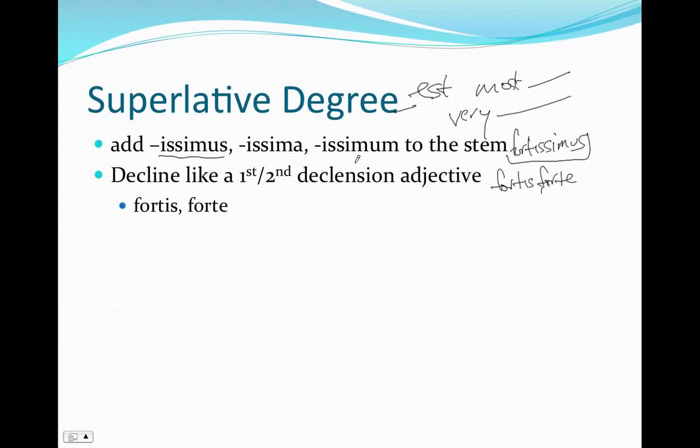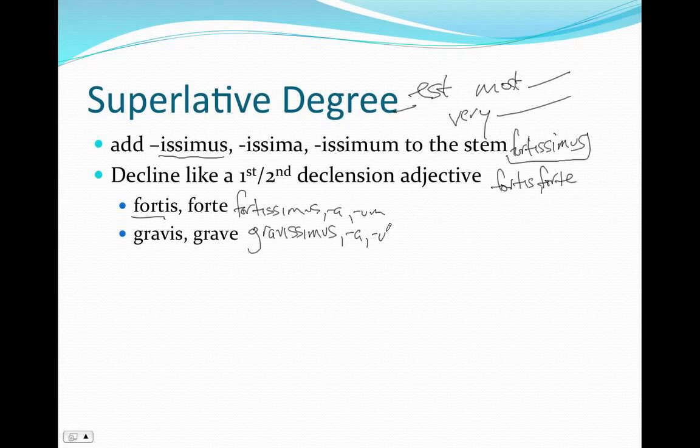So let's try a few. So fortis, forte, take our stem fort, as we've already done, it becomes fortissimus. And we'll decline just like bonus, bona, bonum. Gravis, grave, we have our stem grav, and we add issimus. Ingens, ingentis, what's our stem?